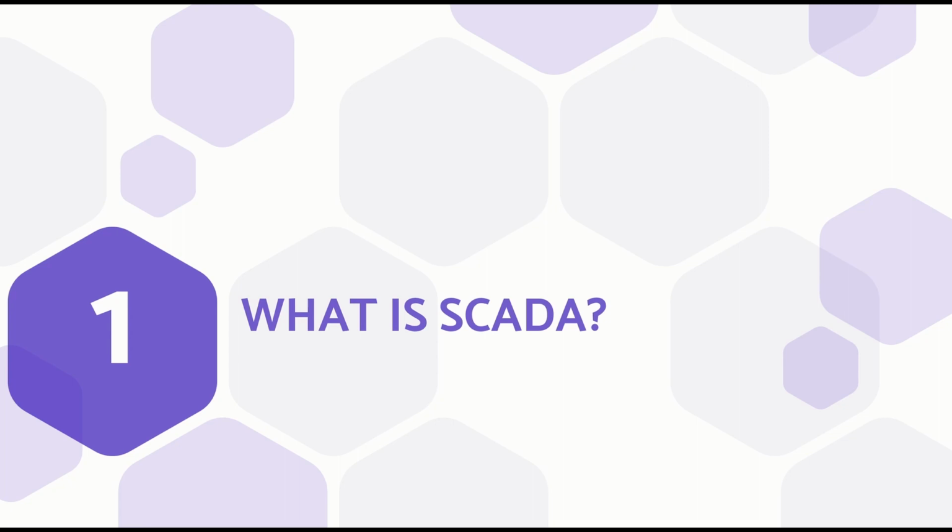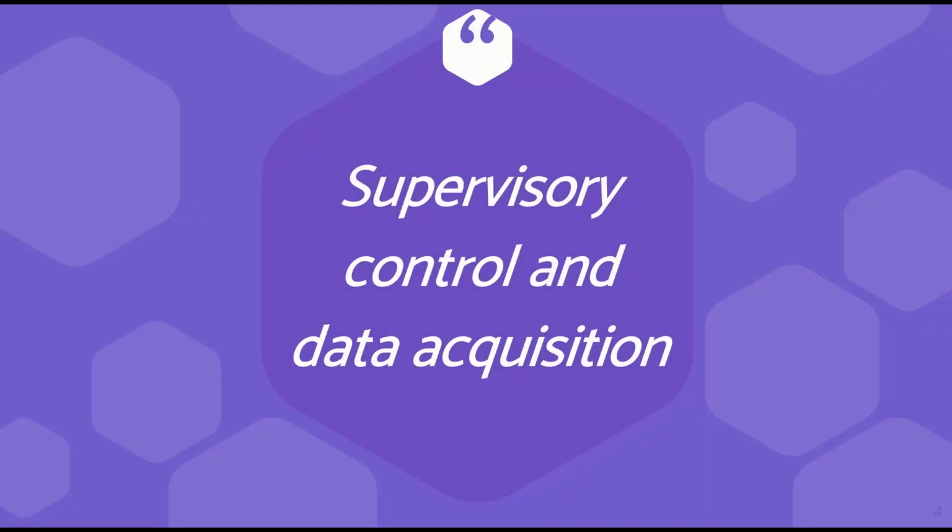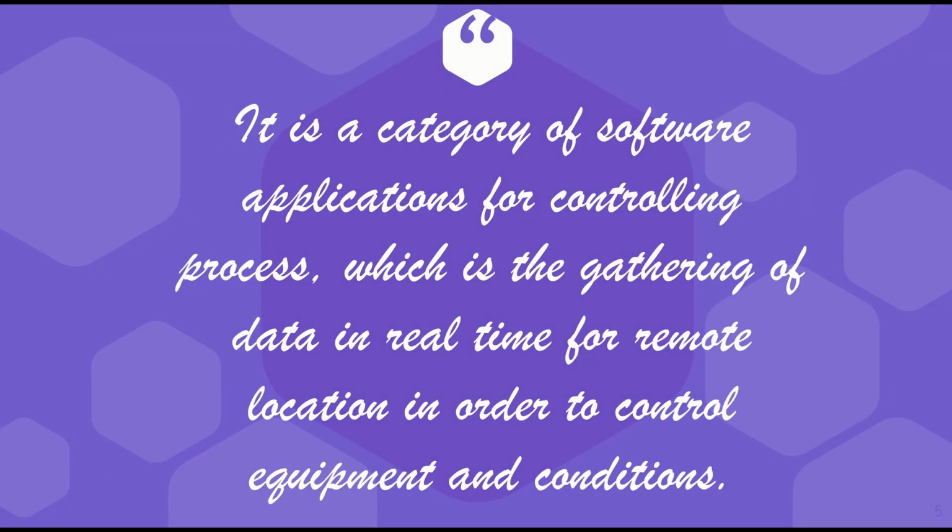So let us start with what is SCADA. SCADA stands for Supervisory Control and Data Acquisition. So let us understand this in detail. Basically it is a category of software applications for controlling processes, which is the gathering of data in real time from remote locations in order to control equipment and conditions.